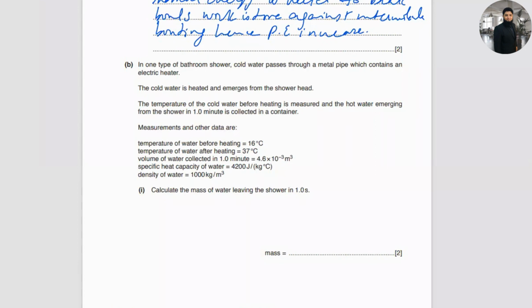Measurements and other data: temperature of water before heating, गर्म होने से पहले पानी का टेम्परेचर 16 था, temperature of water after heating 37 हो गया, volume of water collected in 1 minute इतना था, specific heat capacity of water इतनी थी, density of water 1000 kg per meter cube इतना था. Find the mass leaving the shower.